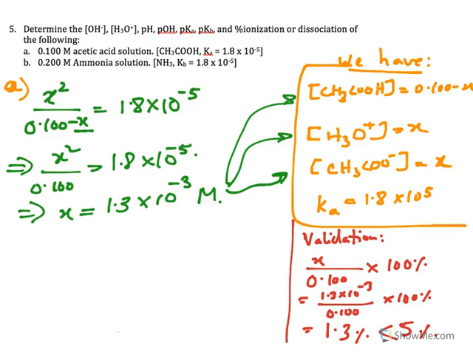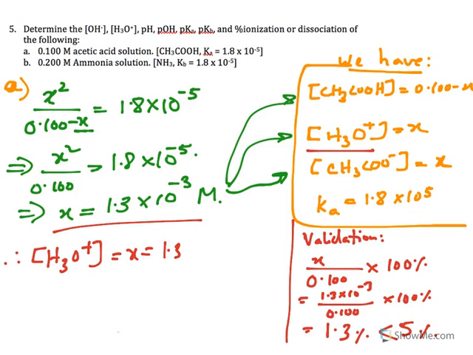And we can plug the value of x back into all the equilibrium expressions to get what we want. We want the concentration of H3O+ ions, or H+ ions, the most here, because that's what's asked in the question. So therefore, the concentration of H3O+ ions is going to be equal to x, which is equal to 1.3 times 10 to the power of negative 3 molar.